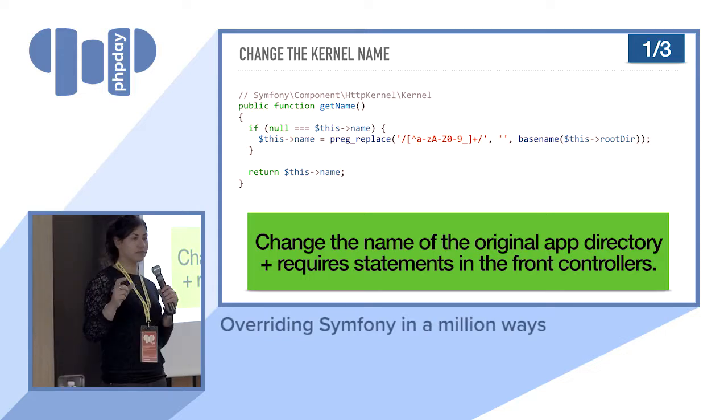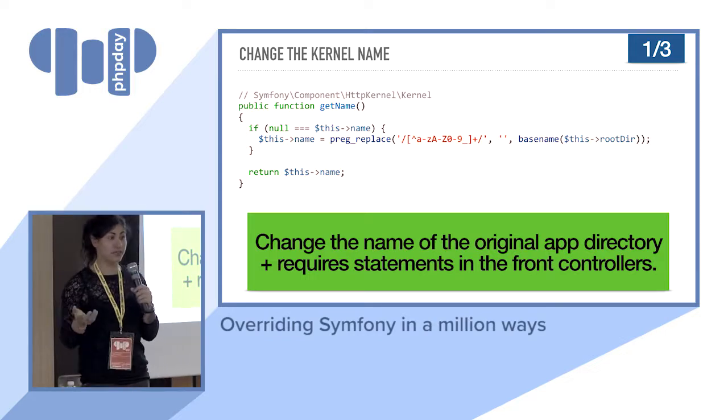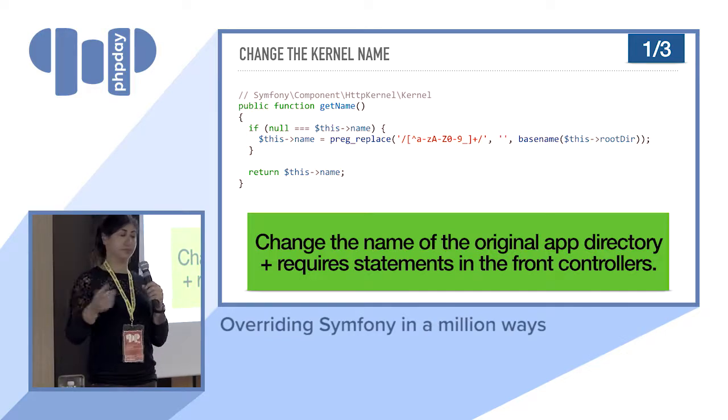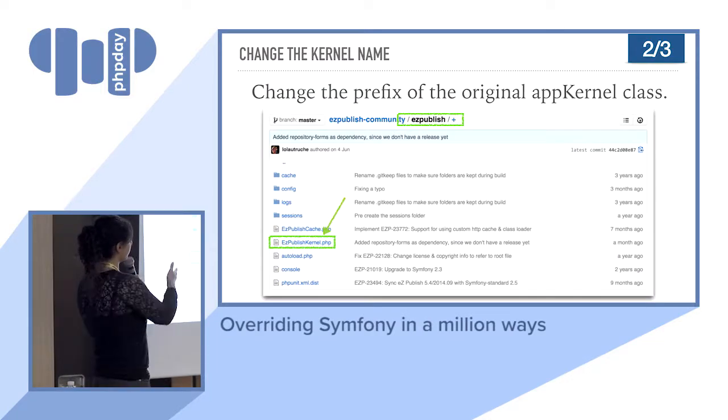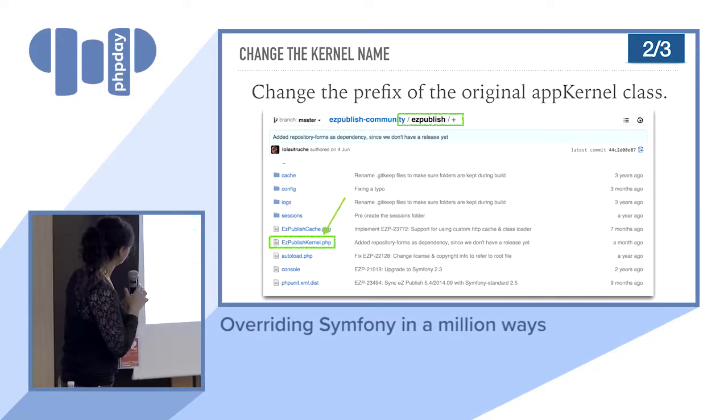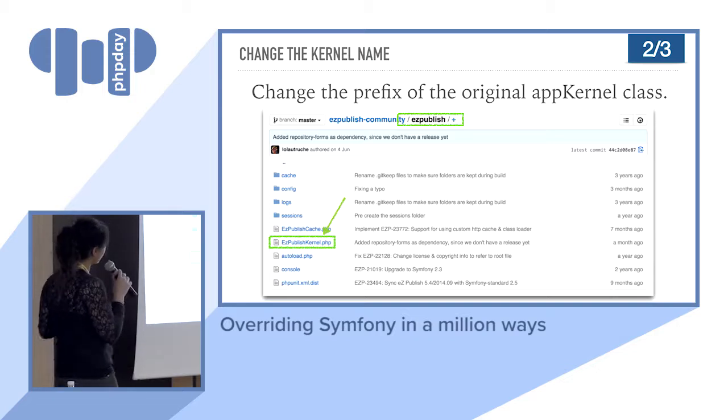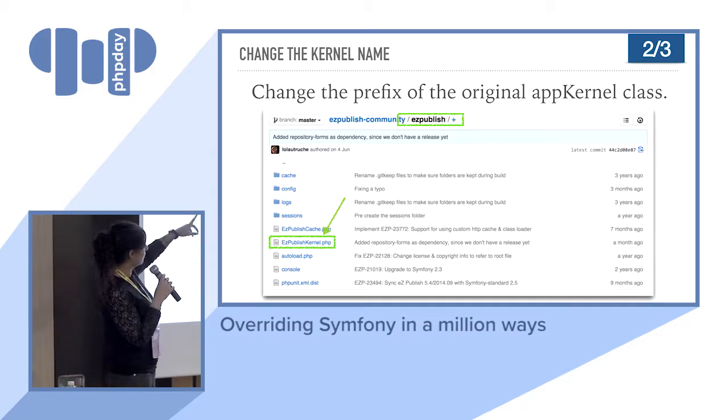So if you change it, it will change the name of your app, okay? Let me show you something. Easy Publish did that quite easily just by saying, here is the app directory, which is now Easy Publish.